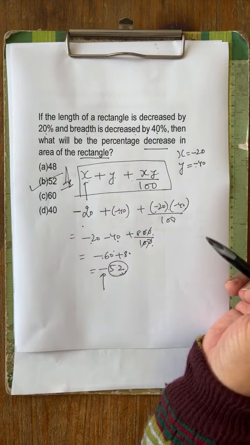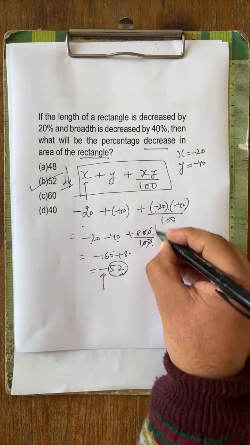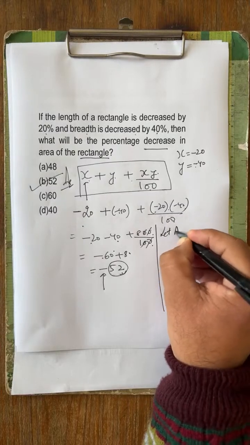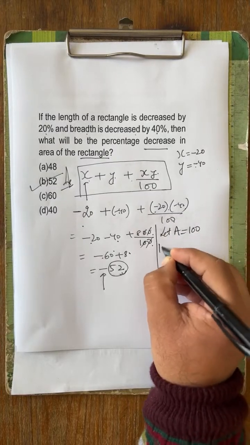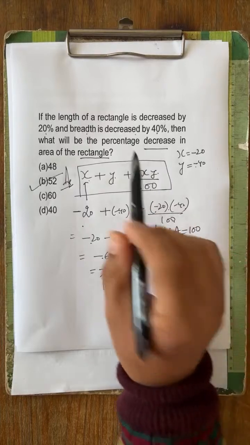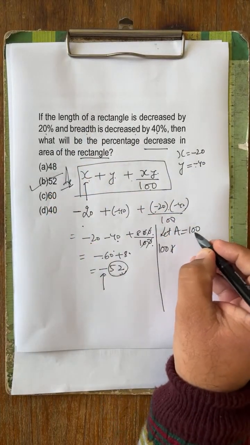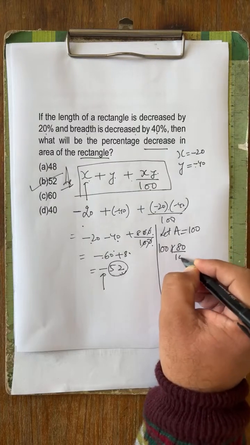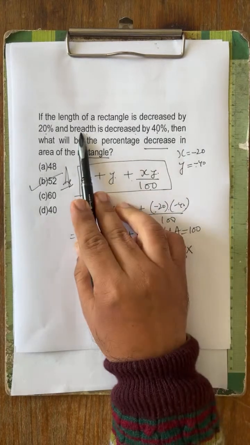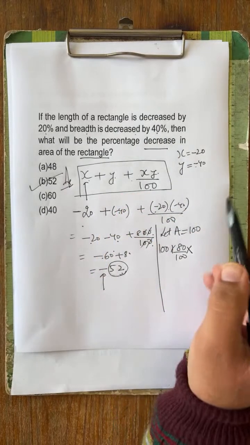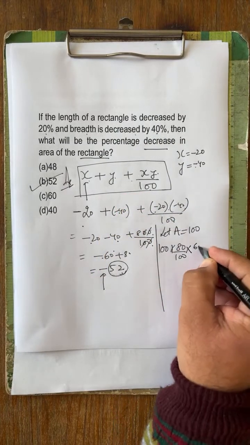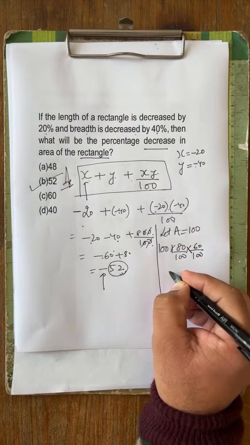We can do in another way also. Let us suppose area is 100, so 100 into, now as the length is decreased by 20%, so we will be subtracting 100 minus 20, that is 80 upon 100, into breadth is decreased by 40%, so 100 minus 40, that is 60 upon 100. We will be solving it.